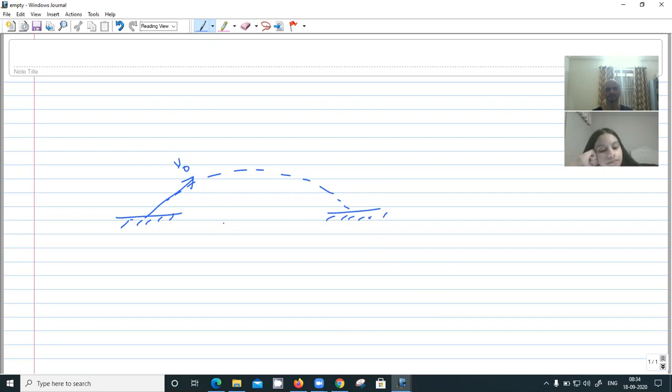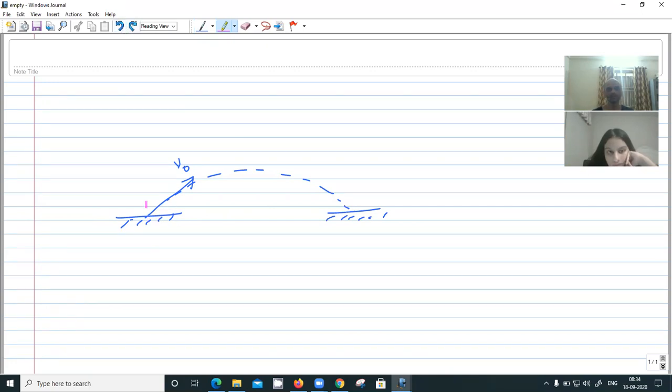Okay, so see this thing represents a rigid surface. When I draw a line and put a short dash like this, it's a rigid surface. So the Earth surface, ground, I'm shooting a projectile or a body with the velocity v naught.